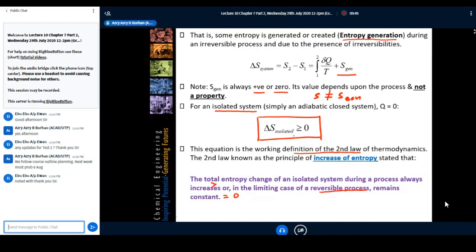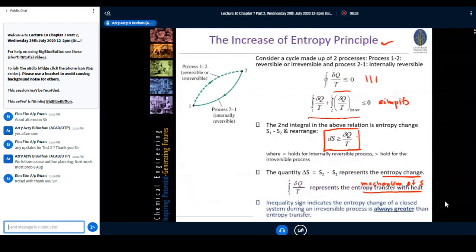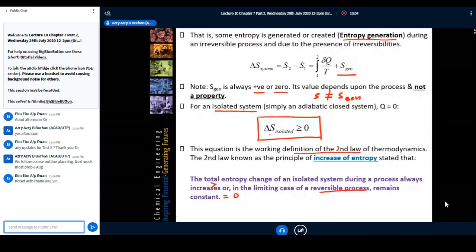Now, in the case of an isolated system, this is the original equation that you have. If it is insulated or adiabatic, that means there's no heat transfer, so that term is zero. You have delta S for isolated system always greater than or equal to zero.